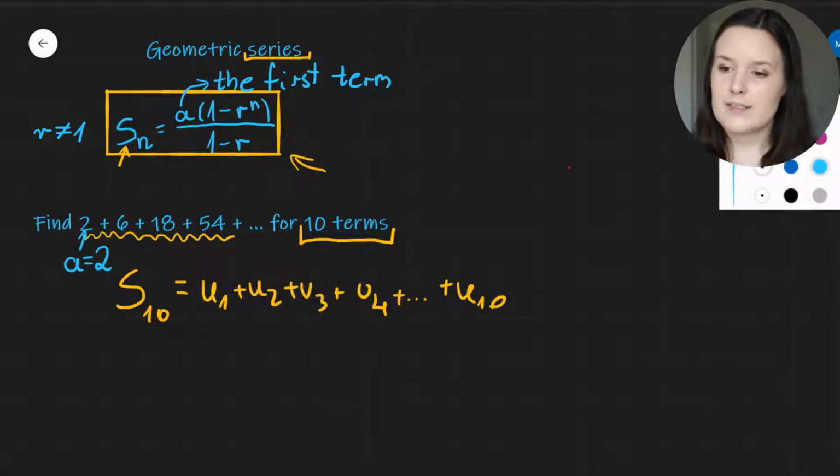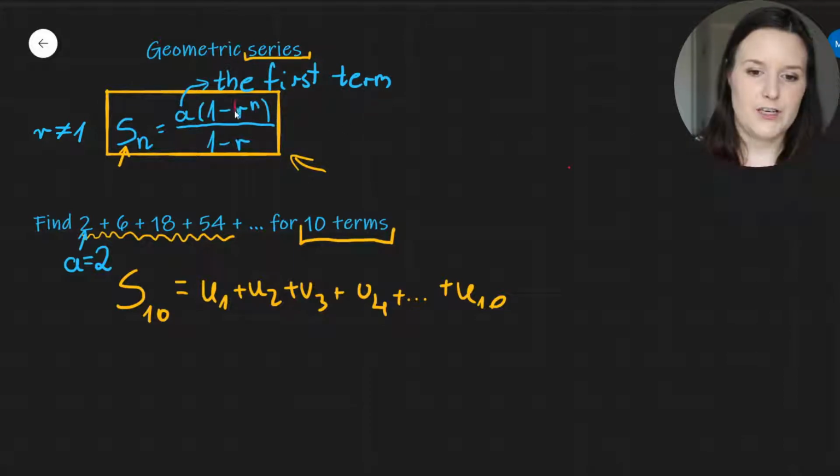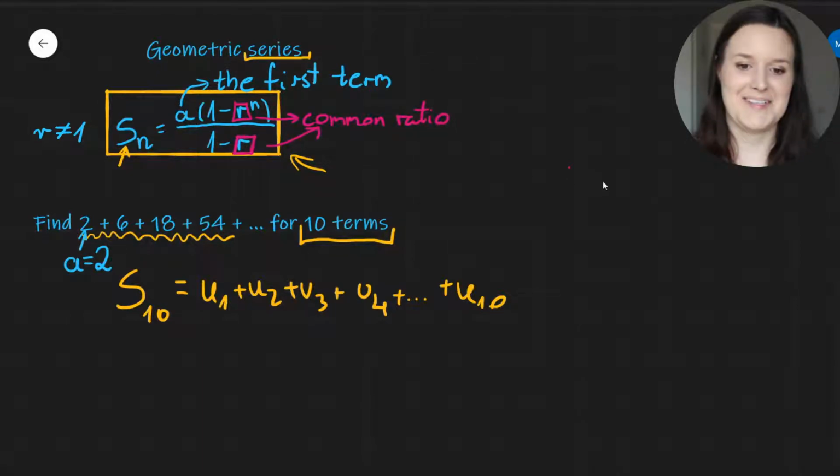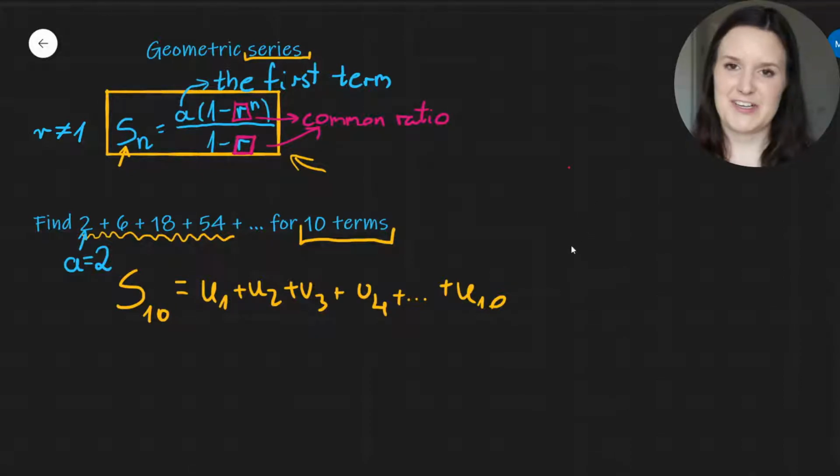Now R stands for the common ratio. This R is also the common ratio. It's the same R, but it just appears in the formula twice.